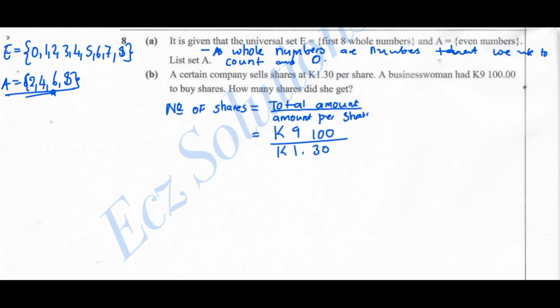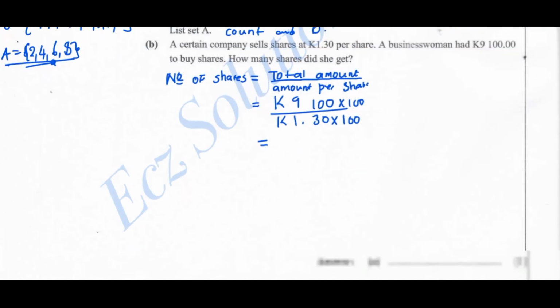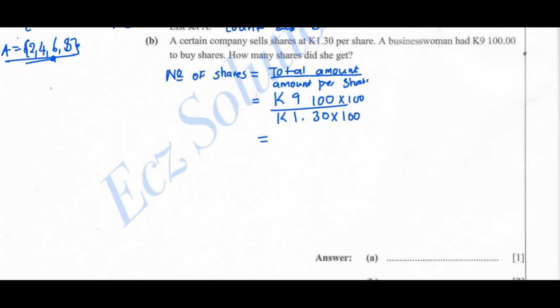So what can we do here? Let's multiply by 100 to get rid of the decimal, also here by 100. If you want, we can just multiply by 10 since we have a 0 here. But since we've written 100, let's do that. So for 9,1, we'll just add these 2 zeros.